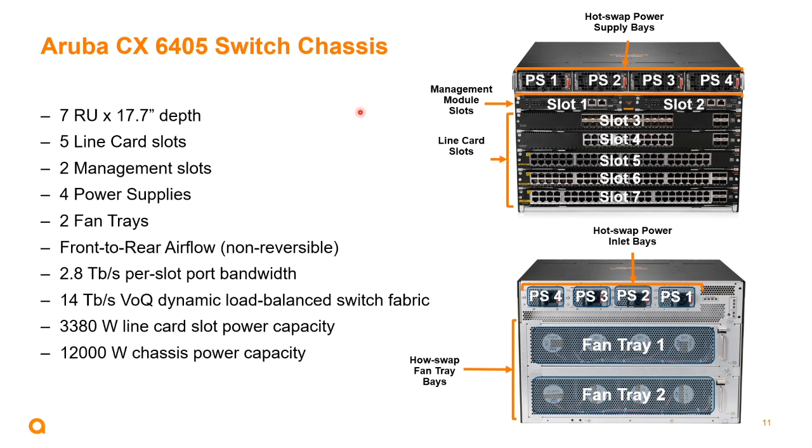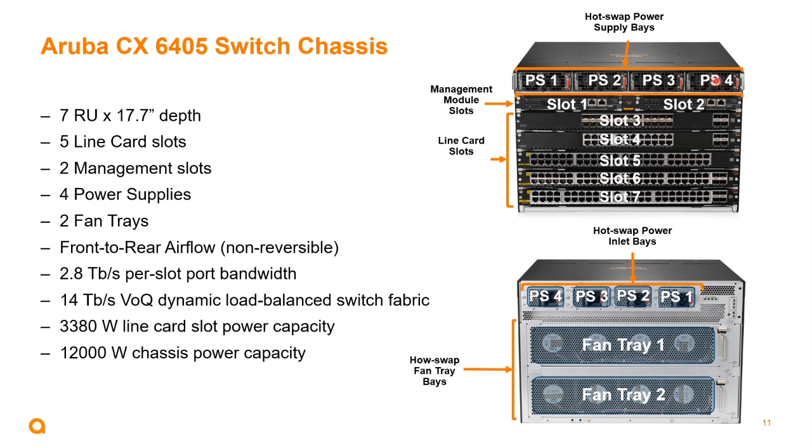As I said, it is 7 rack units in height. We have a 7.7 inch depth for this chassis. The power supply modules are located at the top of the chassis and inserted at the front, numbered 1 to 4, left to right as you're facing it.